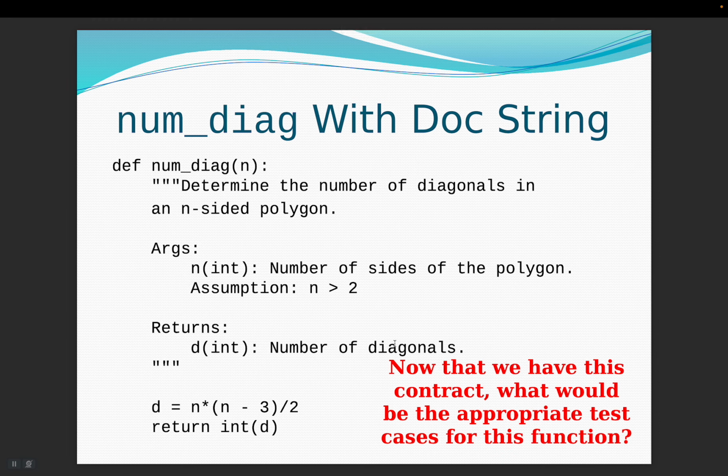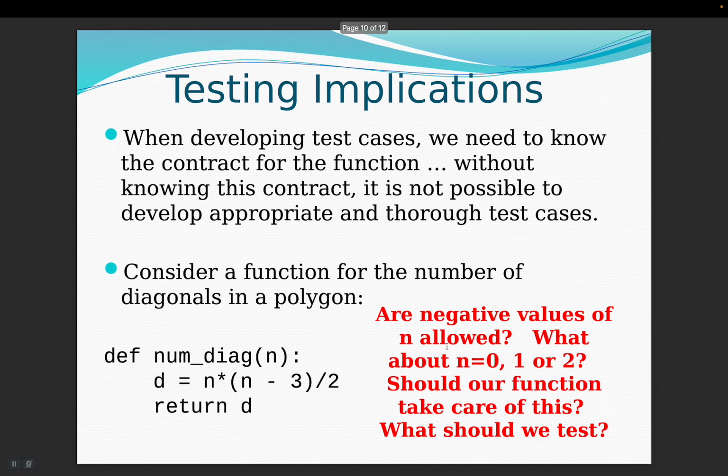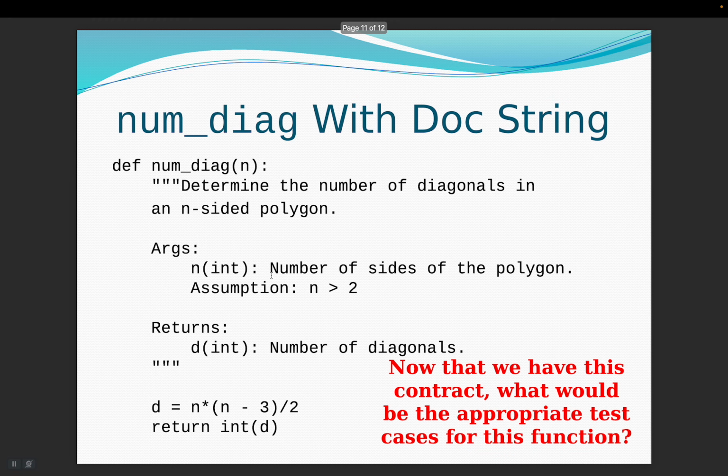Okay, so with a doc string, we get some more clarity. We get a description: determine the number of diagonals in an n-sided polygon. So n represents the sides. Therefore, we can't have a polygon with 0 sides, or 1 side, or 2 sides. We can have one with 3 sides.